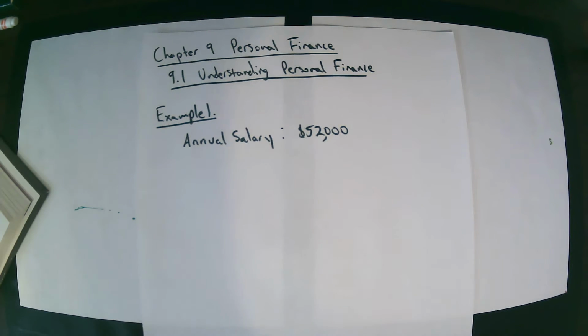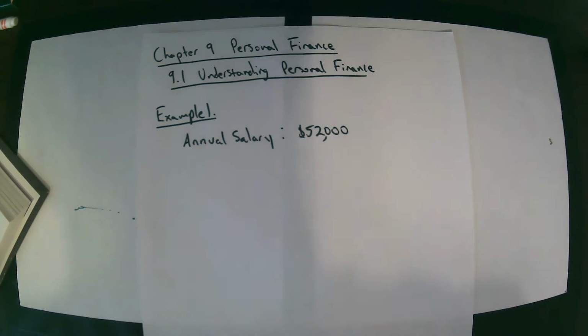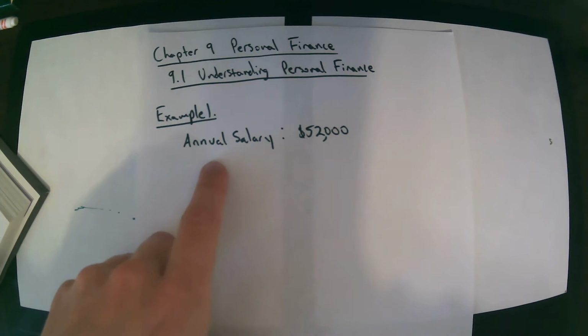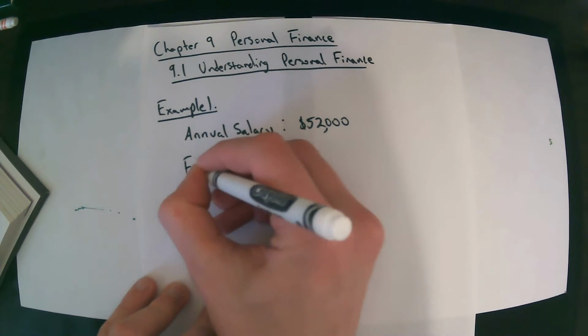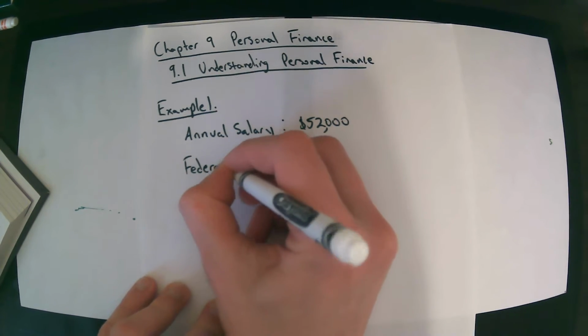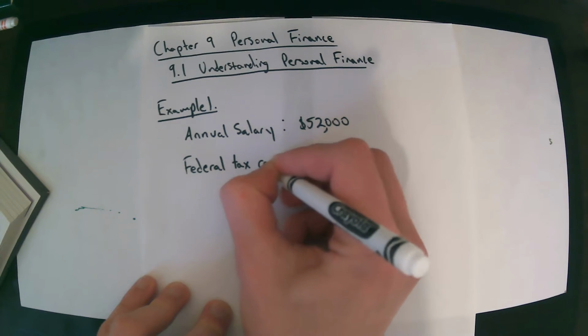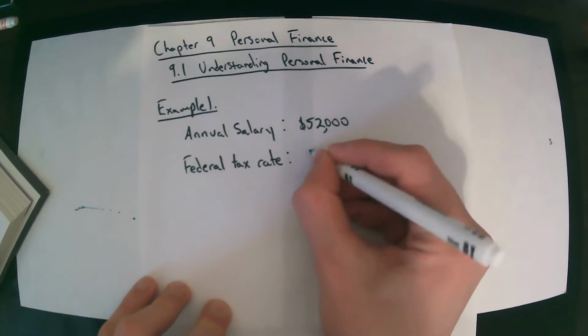So the problem is asking for how much she'll expect to pay in a year. It actually didn't state that, but it's implied that they're asking how much tax will she pay in federal income tax for her whole annual salary. And the federal income tax rate is 15%.